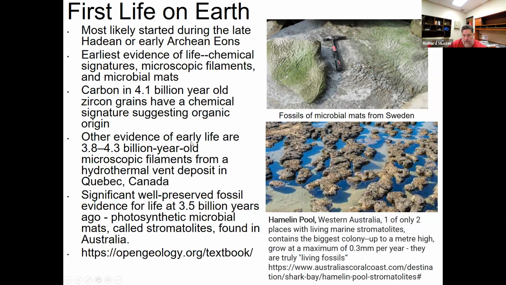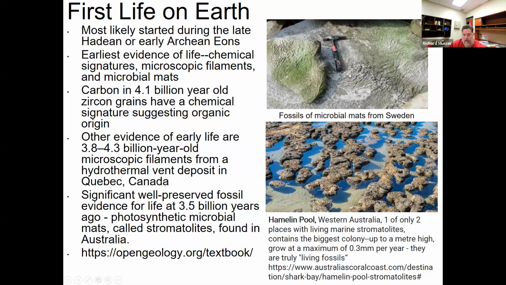So again, the first life forms on Earth were very simple bacteria, and we study this in the fossil record. The earliest evidence of life was seen in chemical signatures, microscopic filaments, and microbial mats. This is an example of fossils of microbial mats found in Sweden.